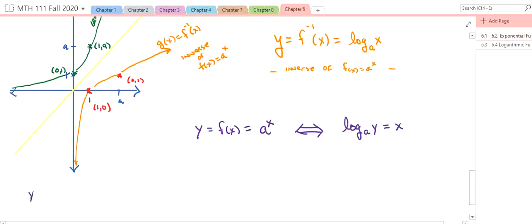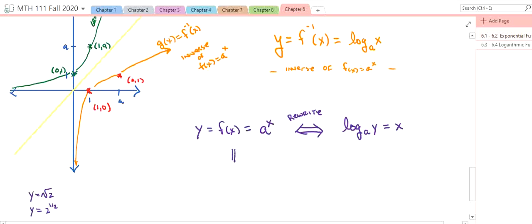It's kind of analogous to saying, like, if we have y equals square root of 2, I can rewrite this as y equals 2 to the 1/2. It's rewriting it in a different way. So I'm taking this a to the x and I'm just rewriting it in a different form. So this is how we relate exponential functions to log functions.